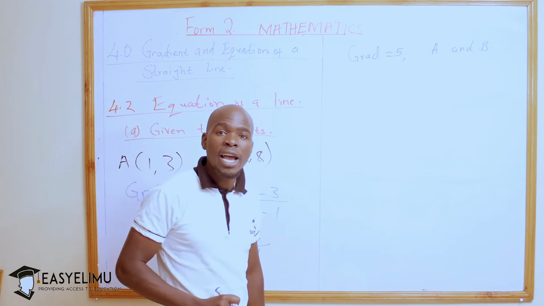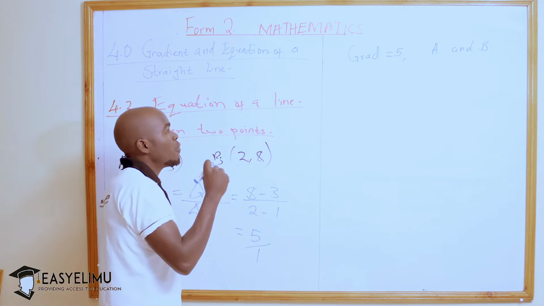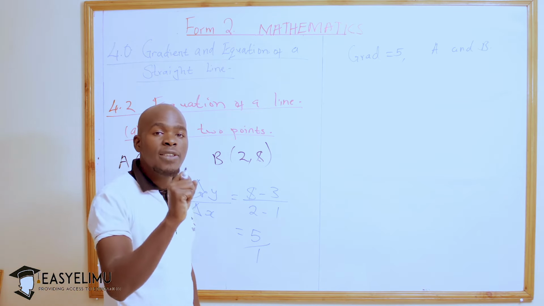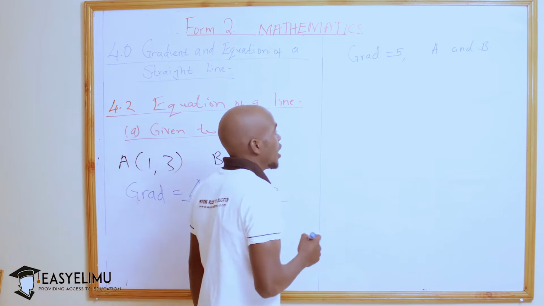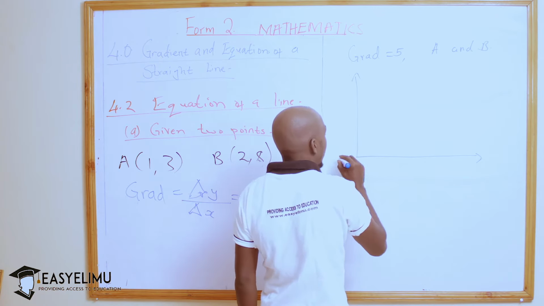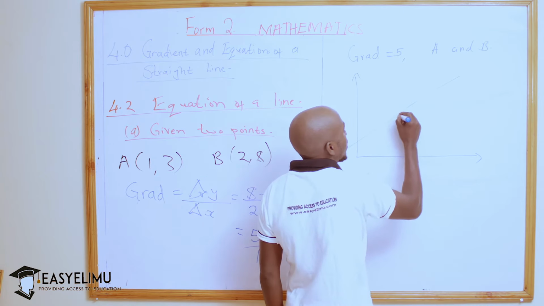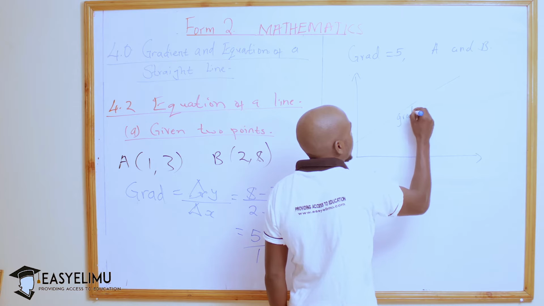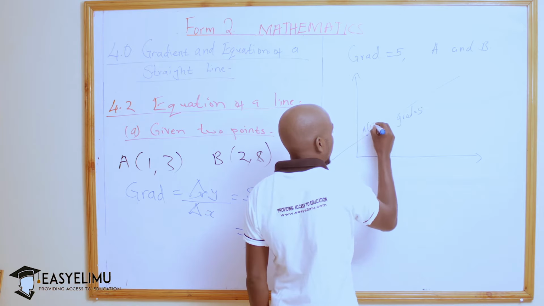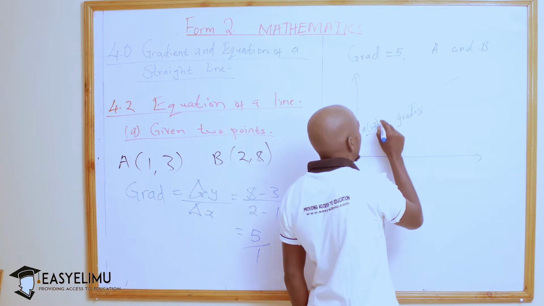Your next step is to select a point on the line which passes through A and B, but is not point A or point B. If you have your Cartesian plane in this form, and you have that line passing through there with gradient equal to 5, point A may be at this point, A (1, 3), and B is (2, 8), let's say this point.